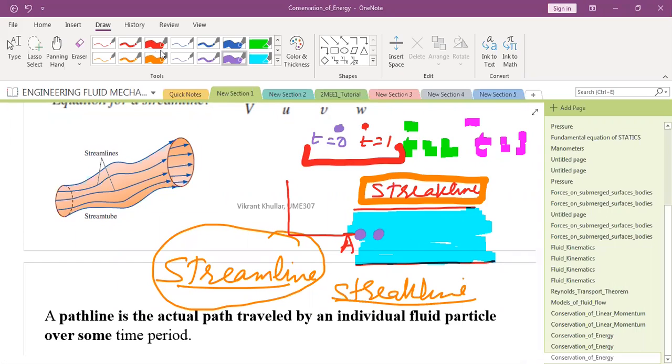Meanwhile, another particle has been injected at this point, and this is the red one. Meanwhile, this red has also moved away. So now violet has reached this position, red has reached this position, and another particle injected here is green. Likewise you could have this pink.